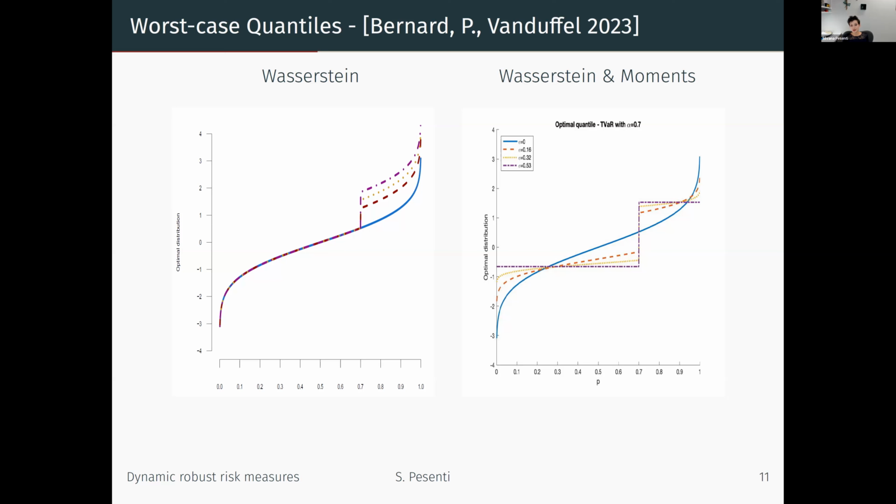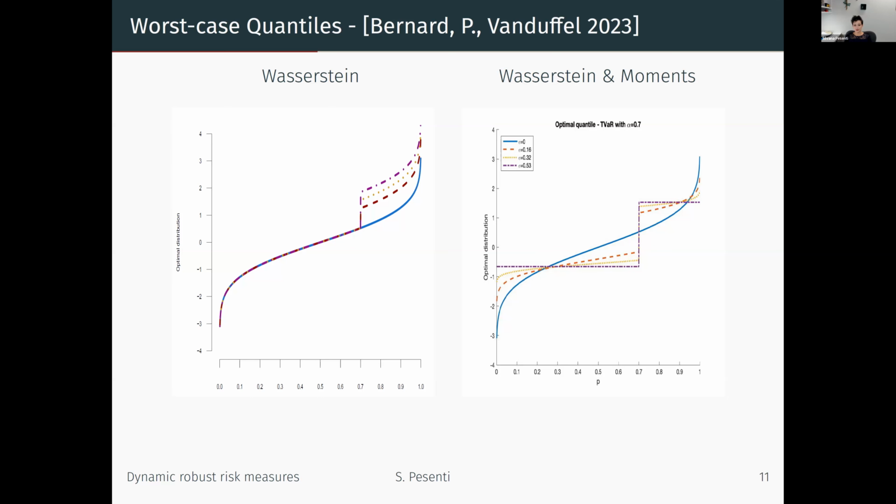The interpretation of the reference distribution is that this is a reasonable model for the risk that you want to evaluate, right? We don't really put constraints on the reference distribution. It doesn't have to be of a particular form. It could be a discrete random variable. It could be continuous. It could have finite or infinite support.